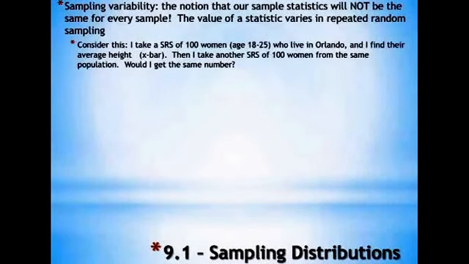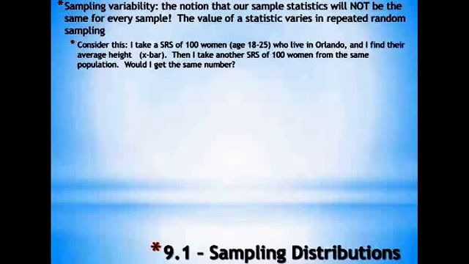Sampling variability, the notion that our sample statistics will not be the same for every sample. Think about it. If I take an SRS, a simple random sample of 100 women who live in Orlando, and I find their average height, X bar, then I take another SRS of 100 women from the same population, would I get the same number? No, because I have two separate selections of 100 women.